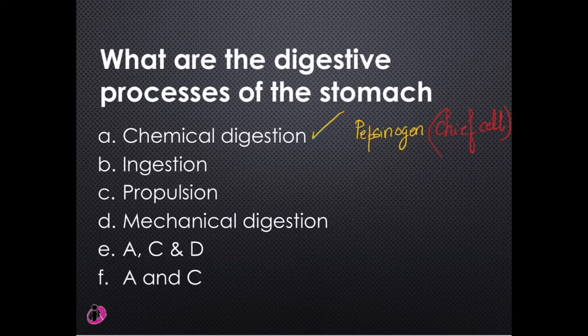Do we perform any ingestion through the stomach? Do you normally eat directly into your stomach? What do you think? Do you have any ingestion? No, ingestion takes place in the mouth, exactly. So no ingestion will be taking place. Do we allow any propulsion in the stomach? Yes, we do.